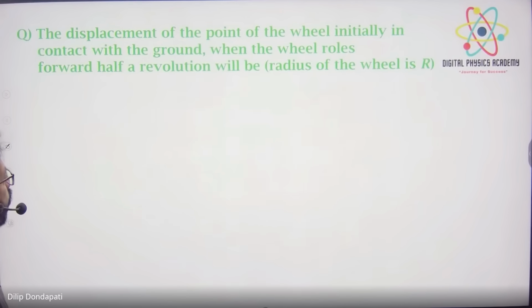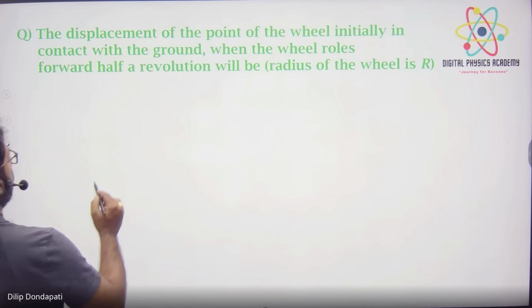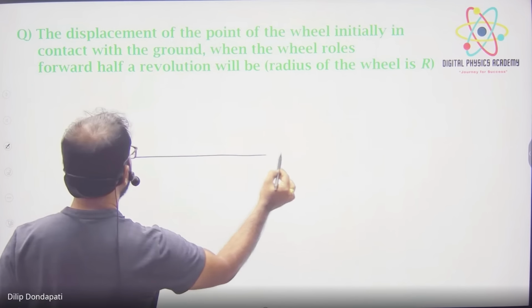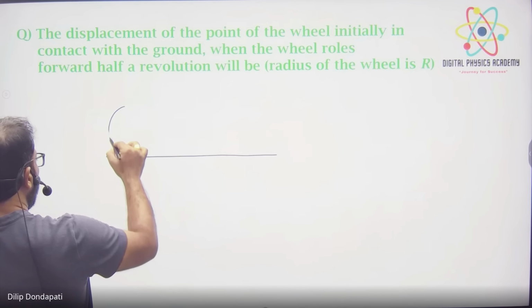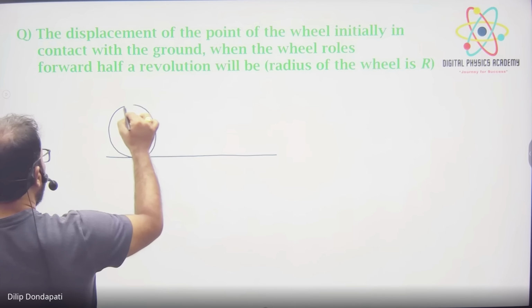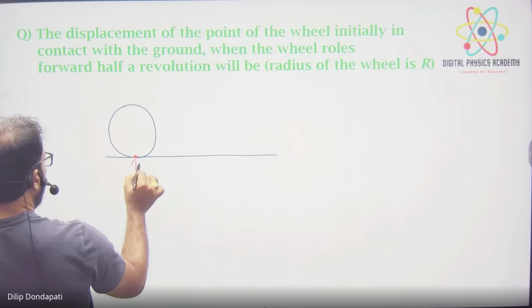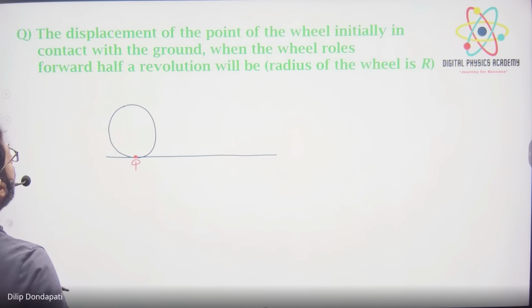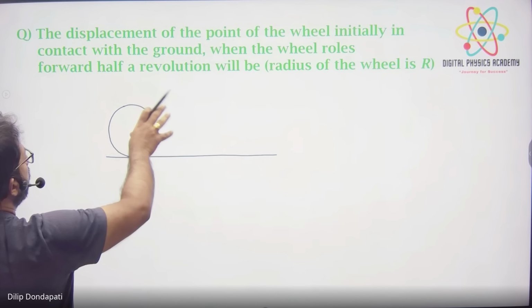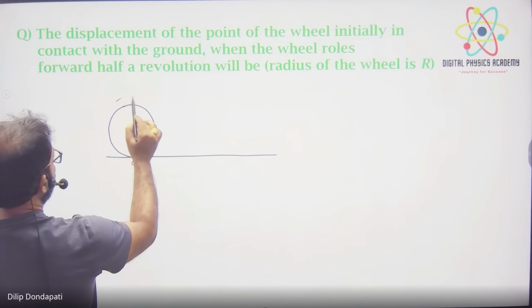Note the question: the displacement of a point of a wheel initially in contact with the ground. So this is the ground. One wheel is there. The point P is in contact with the ground. When the wheel rolls forward half a revolution, it is rotating like this.